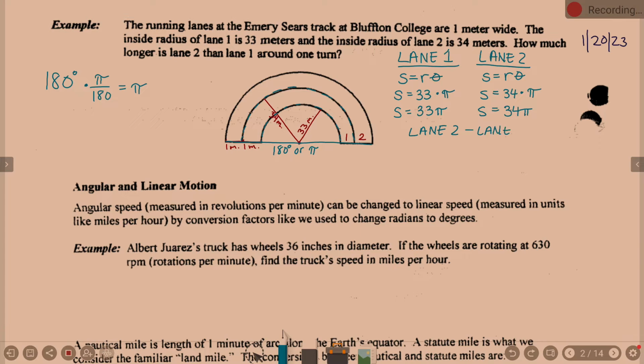And subtract lane 1. So on mine, I'm going to do 34 pi minus 33 pi. What is 34 pi minus 33 pi? 1 pi. And what is 1 pi? I'm going to go with a basic 3.14 meters.